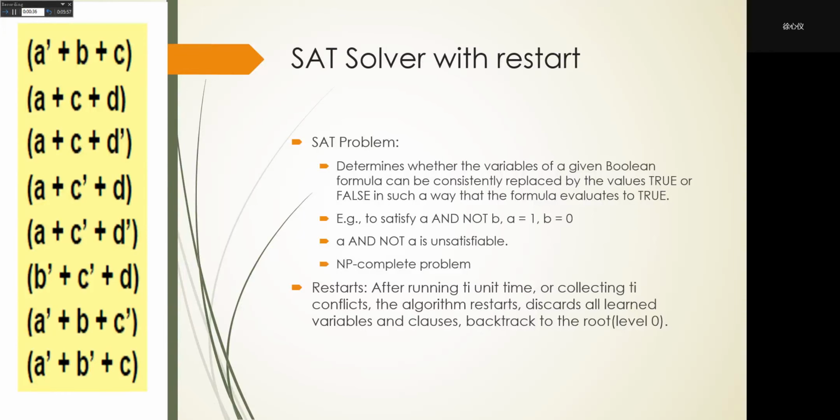For example, to satisfy A and not B, you can use A equals true, where true here we denote with 1, and B with false. But some formulas can never be satisfiable. For example, A and not A.